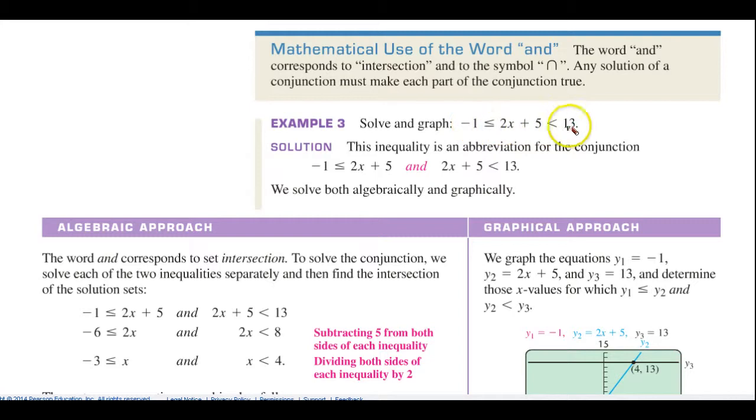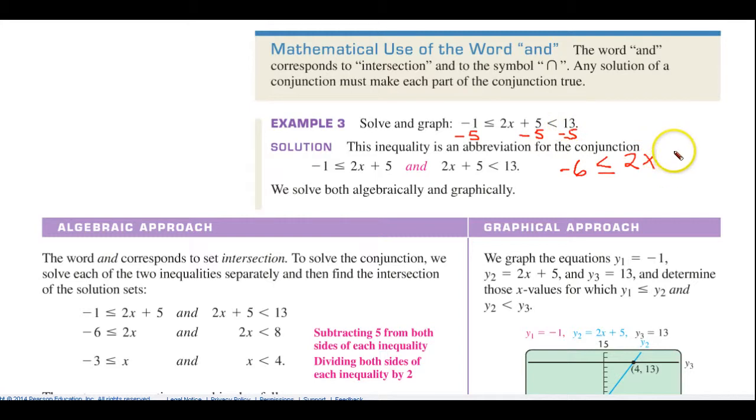So there it is. We want to isolate the x in the middle. So I'm going to subtract 5 from there. And to keep the whole thing balanced, I have to subtract 5 from all parts. So I'll put it over here. This adds up to -6, less than or equal to now the 2x, because these cancel out.